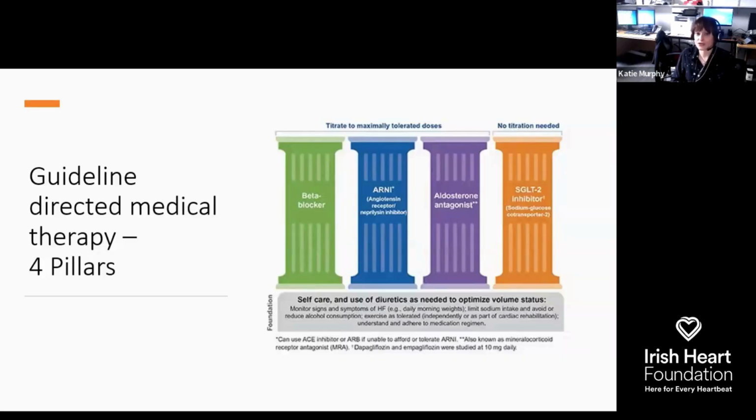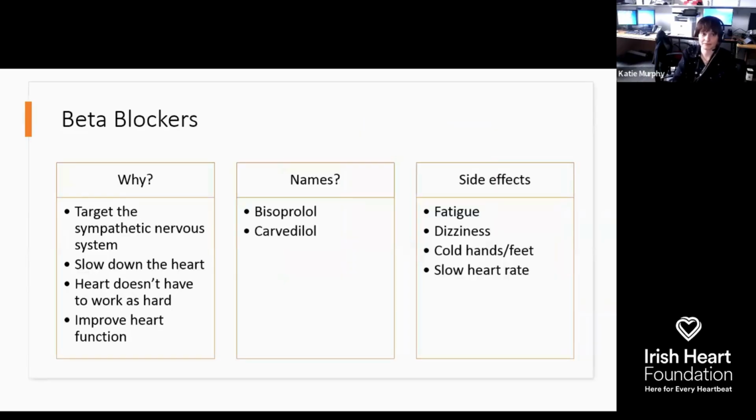We additionally try to get people up to the maximum possible dose because we have evidence from trials to show that the higher the dose that we can get you on, the better the benefit that you will have. And so we're going to talk about beta blockers, ACE inhibitors, angiotensin receptor blockers, and ARNIs or Entresto, aldosterone antagonists, and then SGLT2 inhibitors.